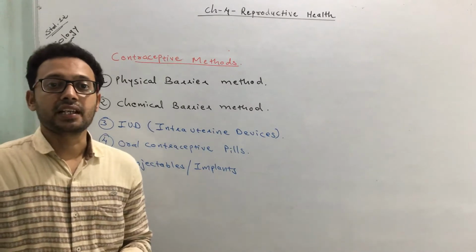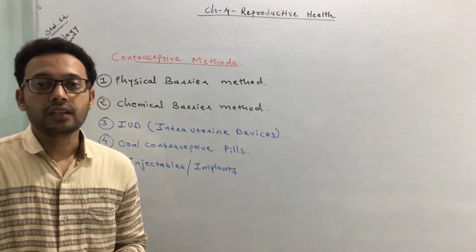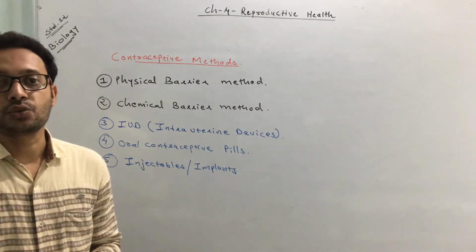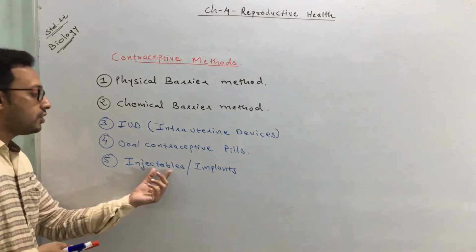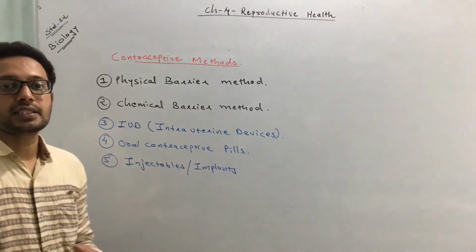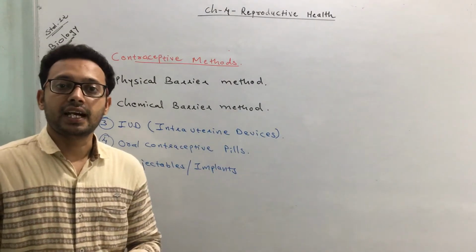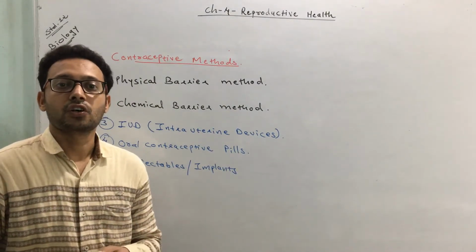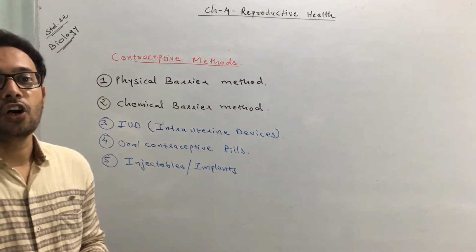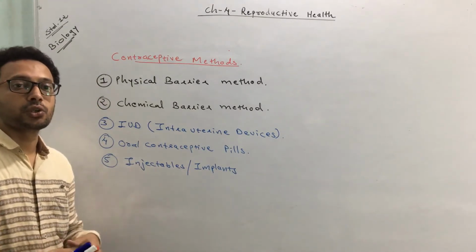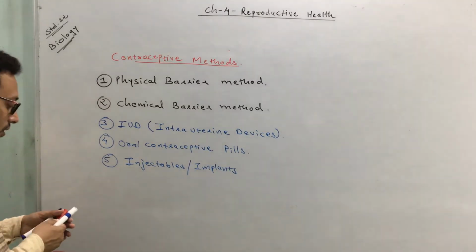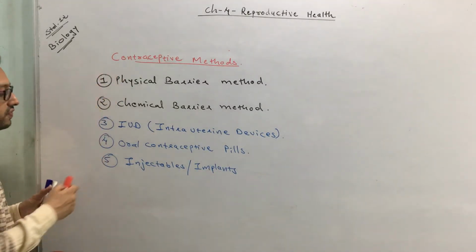These pills contain either estrogen only or estrogen and progesterone in combination. And we are also giving the injectables and implants. They contain the same chemicals or drugs, but they have a long duration of action, so they don't have to be taken consecutively or repetitively. So this many methods we have finished.